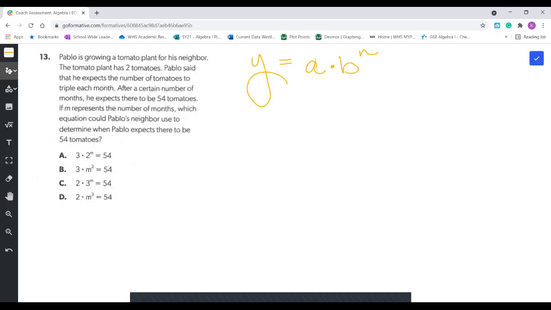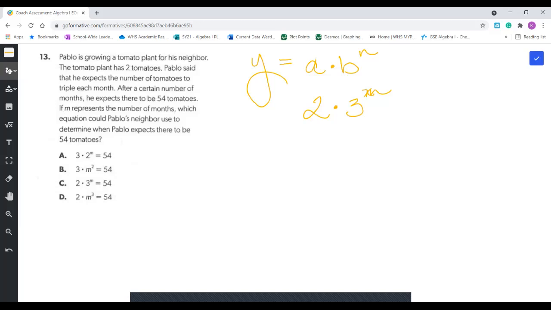A represents the initial value, so what did Pablo start off with? 2 tomatoes. The growth each month is the base, which is 3 raised to the x power, where x represents the months that passed, or m in this case.